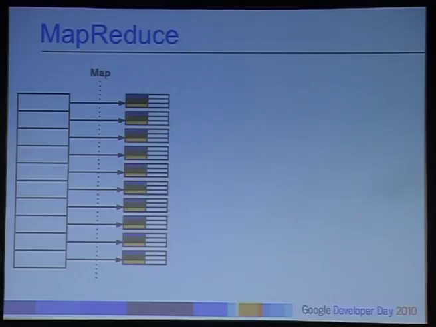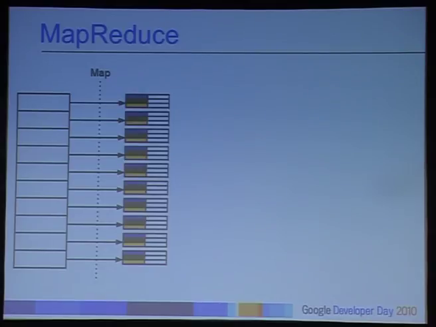This is a function you write, and it's often only just a few lines of code. The input to your function is the text of the web page, and the output is a list of words and the number of occurrences. So prog appears 5 times. The appears 100 times. Google appears 1 time, and so on.